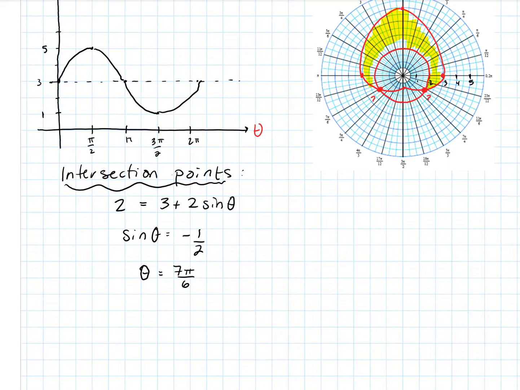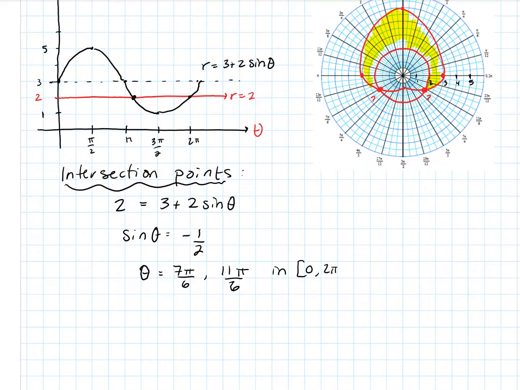Oh, you know what we could also do, if we wanted to see it on this graph, we could see the graphical intersection points as well. So there's the graph r equals 2, and here was the graph r equals 3 plus 2 sine of theta. We can see where those intersection points are here and here. So we're at 7 pi over 6 and 11 pi over 6. That is in one cycle.